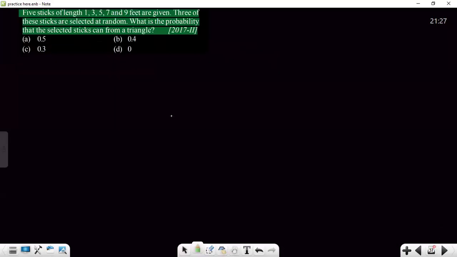Now, can you tell me what is the triangle inequality? What is the condition for three sides to make a triangle? They have to follow a particular condition.